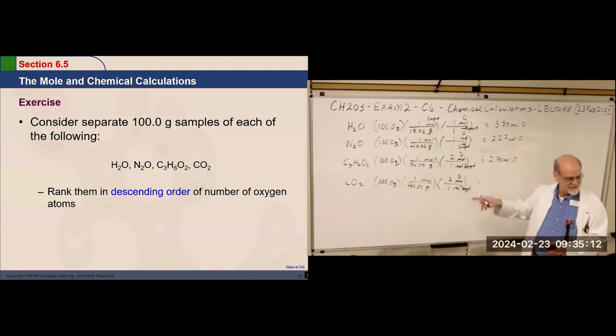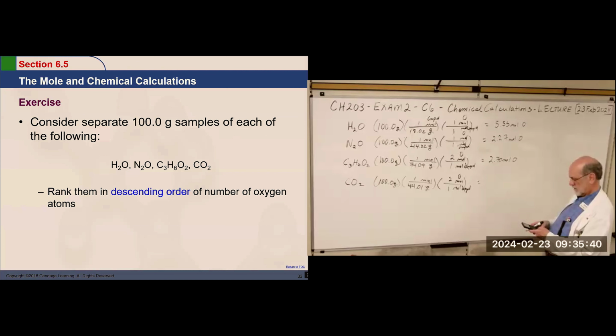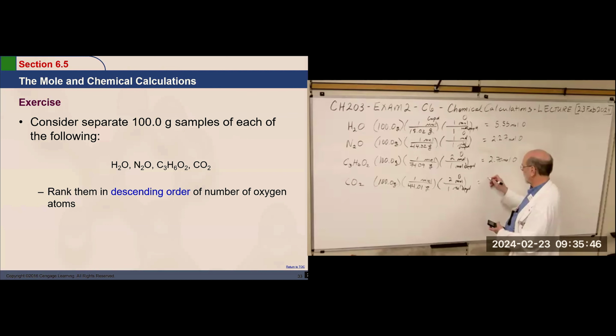And when you've got nothing but multiply and divide, it doesn't matter what order they are. You can say that times that times that divided by that divided by that. Or you can say that divided by that times that divided by that times that. As far as your calculator is concerned, you come up with the same answer. And then the last one, 100 divided by 44.01 times 2 is 4.54.